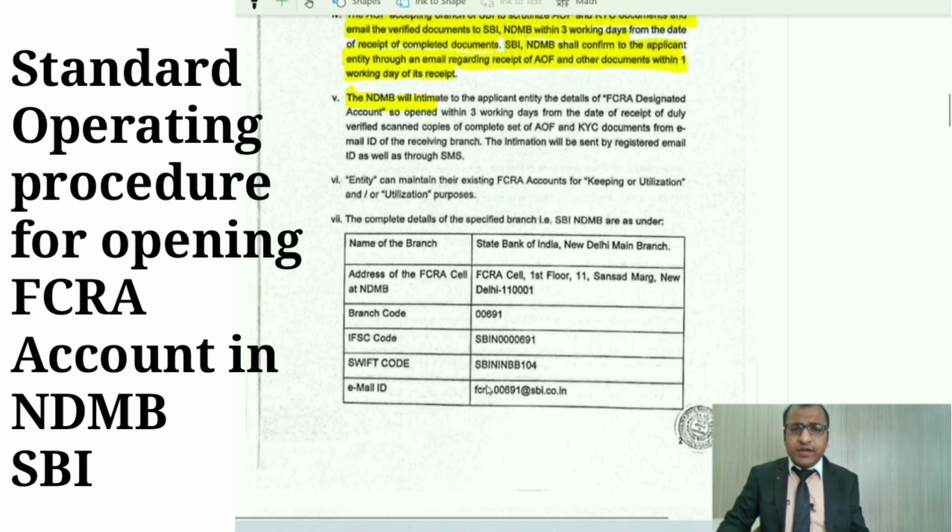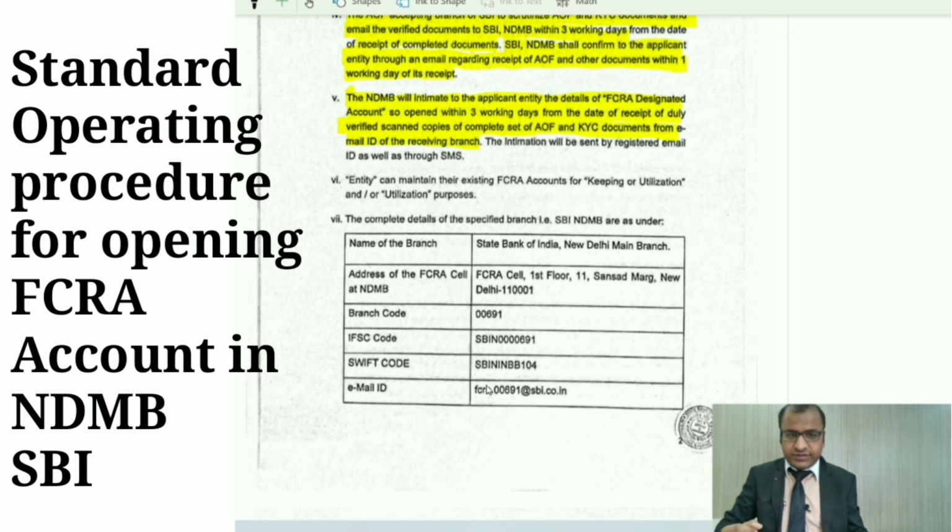The NDMB will then intimate to the applicant entity the details of the FCRA account so opened within 3 working days from the date of receipt of duly verified scanned copies of the complete set of AOF, which is the account opening form, and the KYC documents from the email ID of the receiving branch.